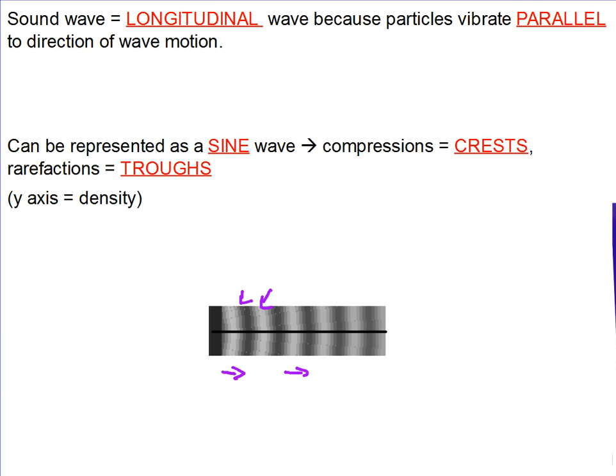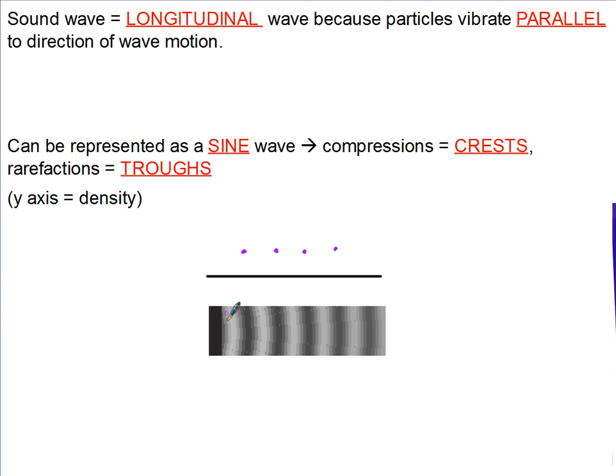Now, we can translate this into a sinusoidal wave. To do that, take the compressions and translate those into crests. So for every dark space there, that's my crest.